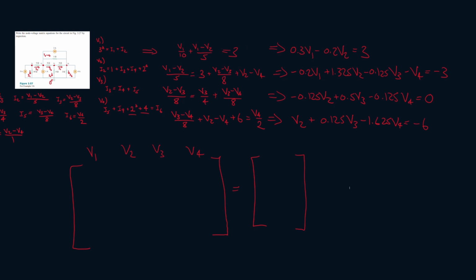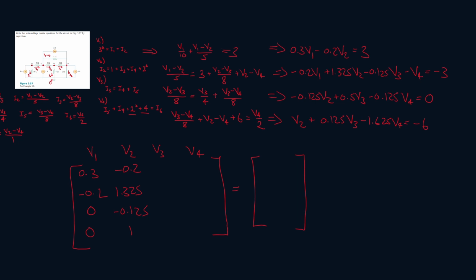So let's start with the first row. That'll be 0.3, minus 0.2 here. This equation doesn't have a V1, so that means V1 will be 0 here. And same with this one, doesn't have a V1, so it'll be 0. Now let's work with the V2s. Minus 0.2, 1.325, minus 0.125, 1 here.